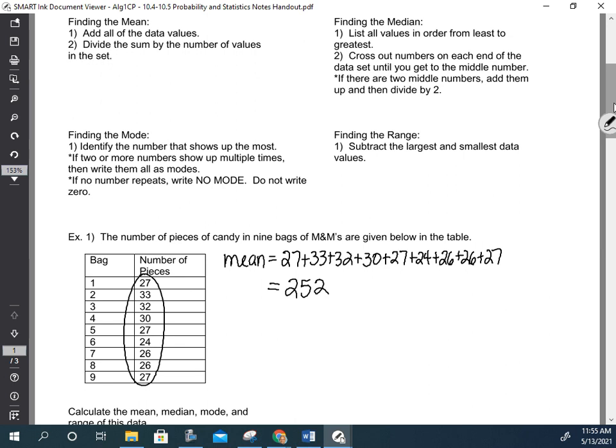So 252 divided by 9, because there were 9 bags. That is 28. So on average, there are 28 pieces of candy in each bag of M&Ms.